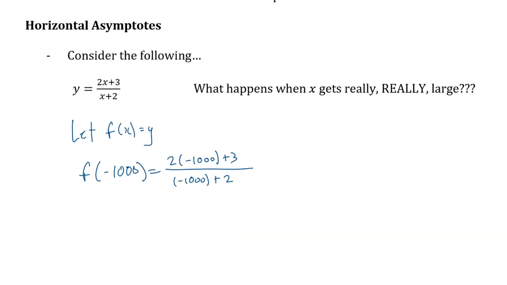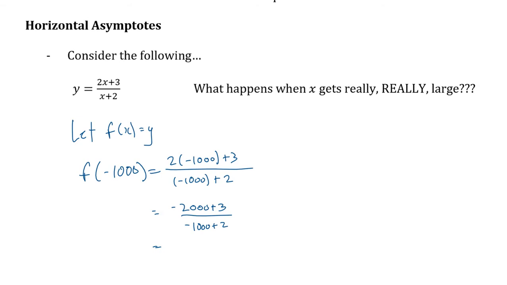Now I could actually solve this, and maybe we will in a minute. But I get negative 2,000 plus 3 over negative 1,000 plus 2. And I could sub that into my calculator. But we just chose this value.